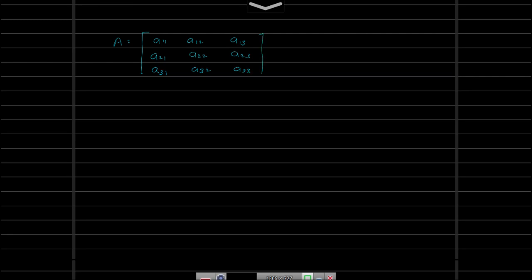The first subscript depicts which row the element is in, and the second represents the column. So 1 means the first column, 2 the second column, and 3 the third column; similarly 1 means the first row, 2 the second row, and 3 the third row.